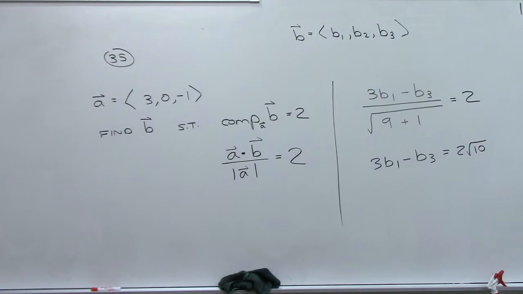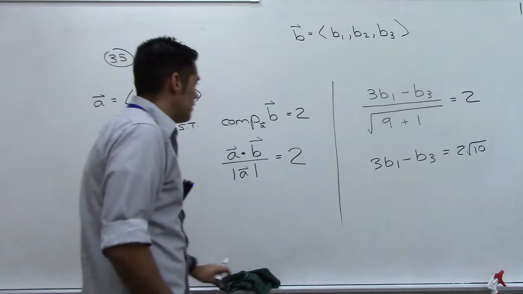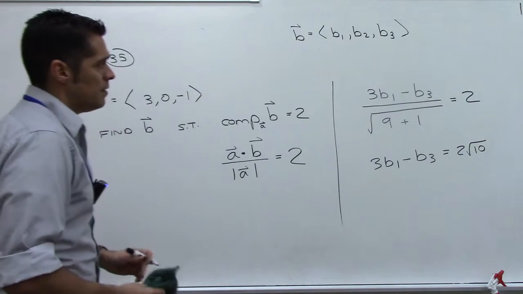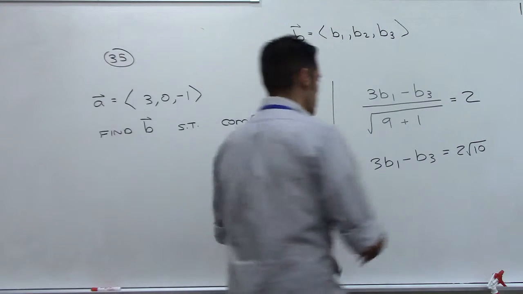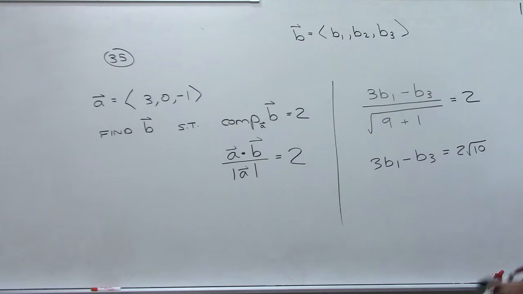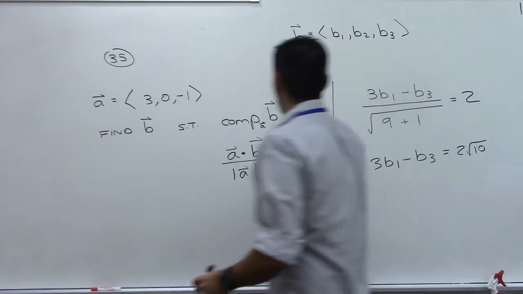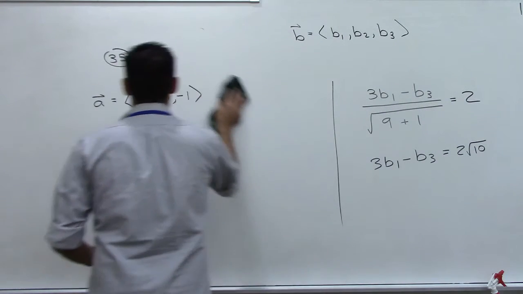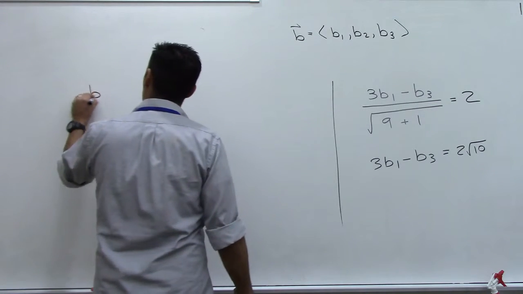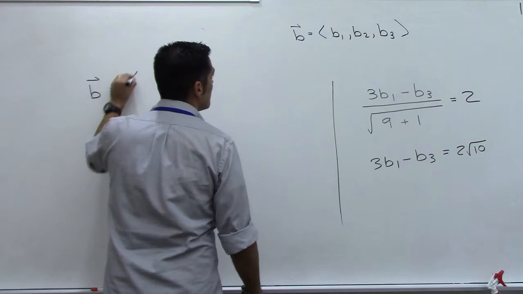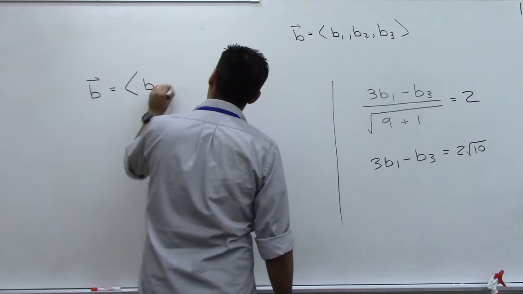That's all. Right now we have a lot of freedom. We need to find a vector that satisfies this, but we have one equation and two unknowns, so that means there's an infinite number of solutions. So we know what they need to look like though, right? I have my vector B so far. B1 can be whatever I want.